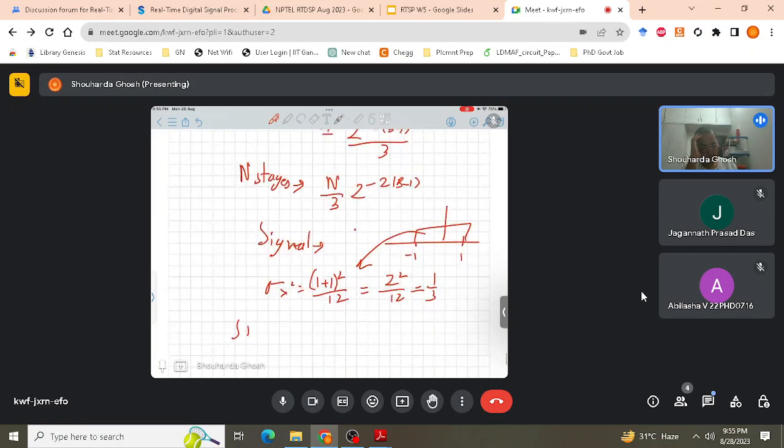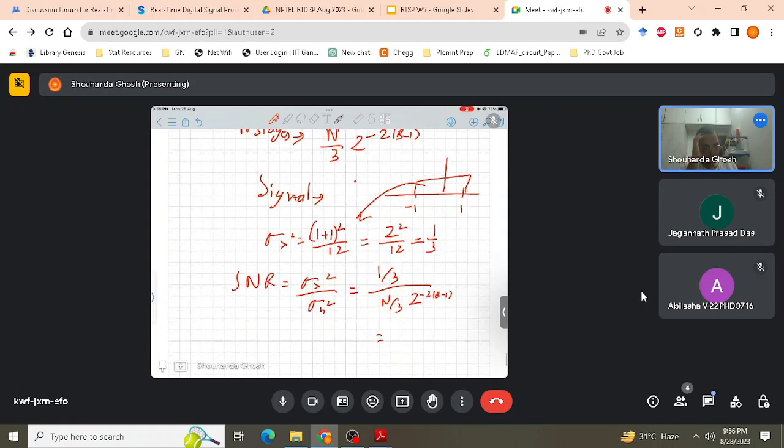So the signal to noise ratio is the power of signal by the power of noise, 1 upon 3 by n upon 3 times 2 to the power minus 2b minus 1, so it will go as 2 to the 2b minus 1 upon n. So if you increase the number of stages, you need to increase the number of bits also to maintain the same SNR.